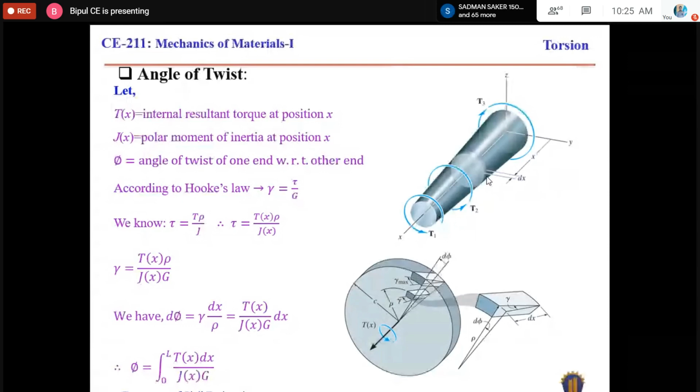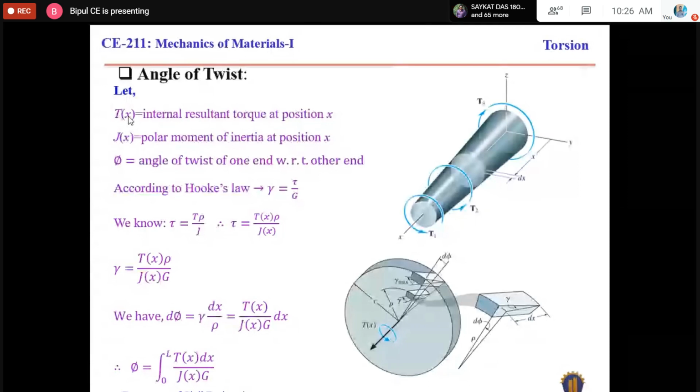At any location, the internal resultant torque is T(x), a function of x.